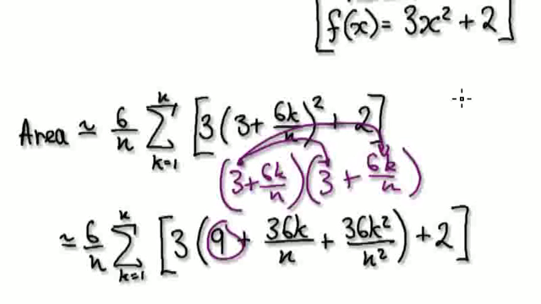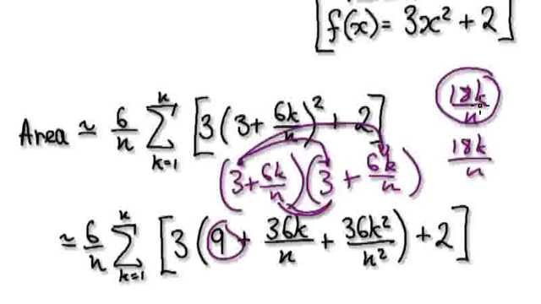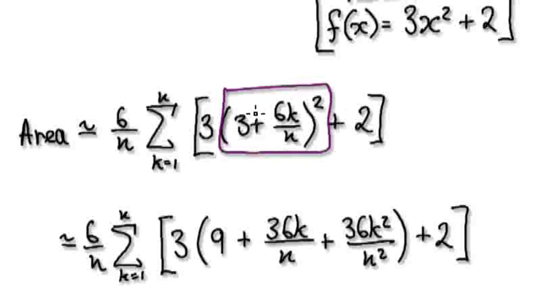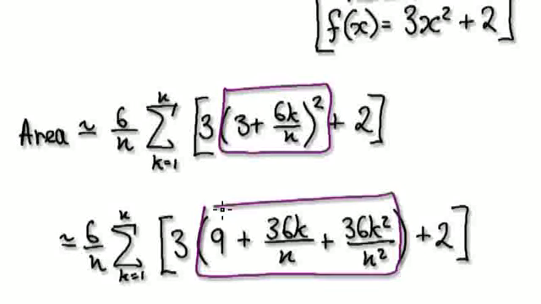This times this would give us 18k over n, and then later on, we've got another one, exactly 18k over n. Merge these two together, that would give us 36k over n, and then this times this would give us this, which then becomes this.